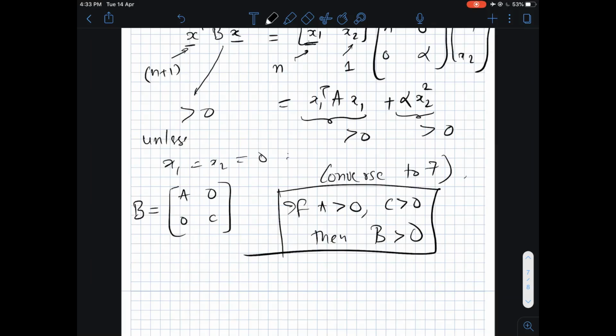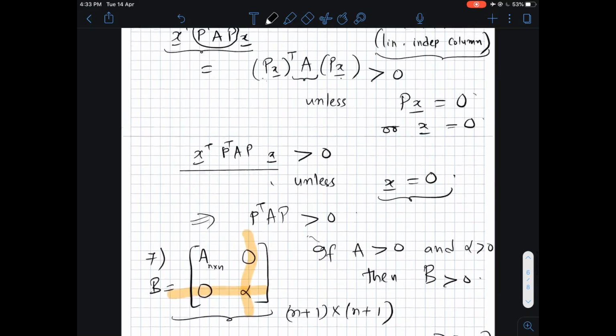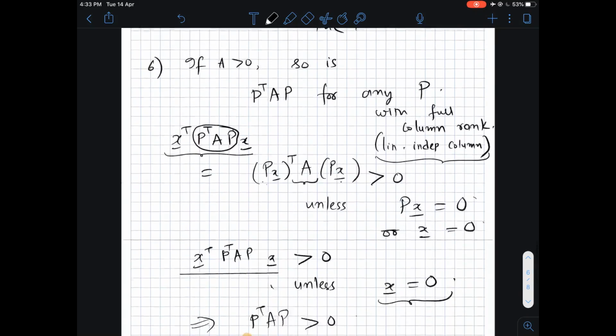You can check this in exactly the same way that we did here. If A is positive definite and C is positive definite, then the block matrix obtained by appending A and C along the block diagonal is also positive definite. So these are some of the key important properties of positive definite matrices.